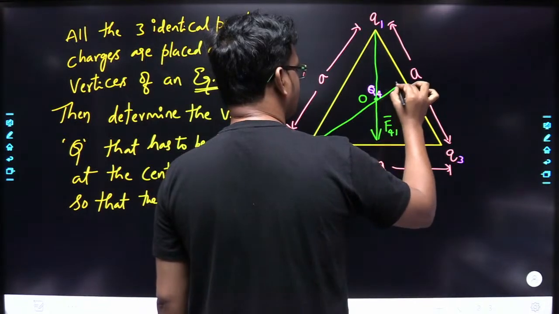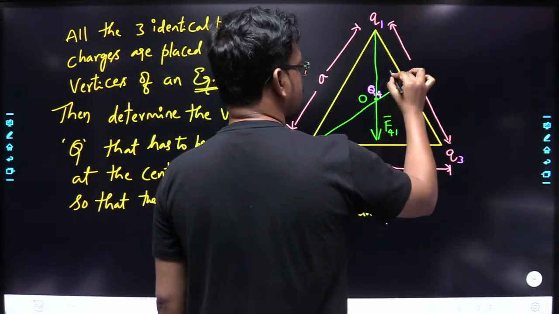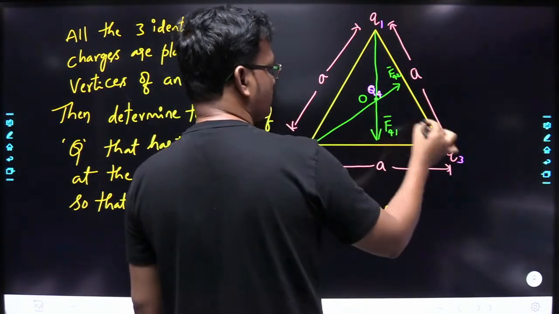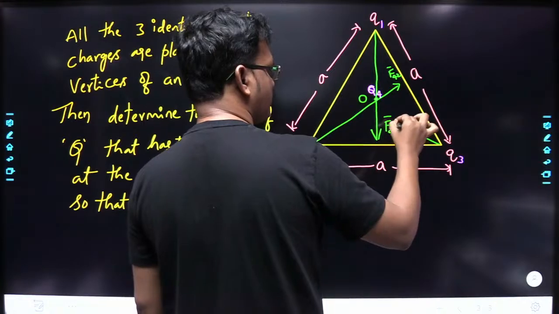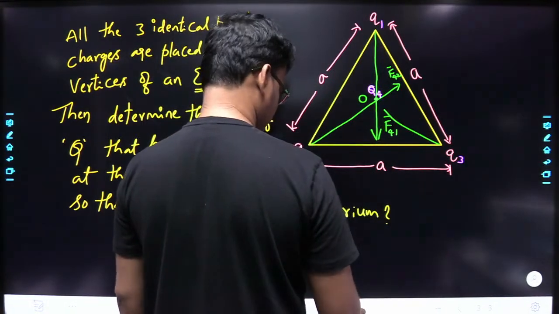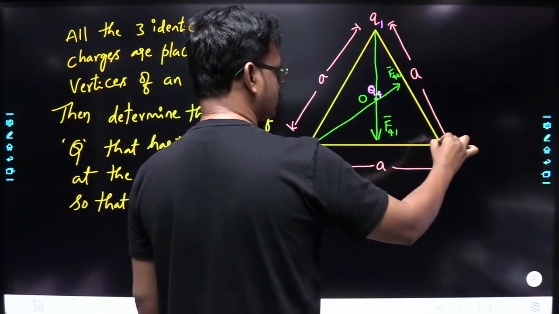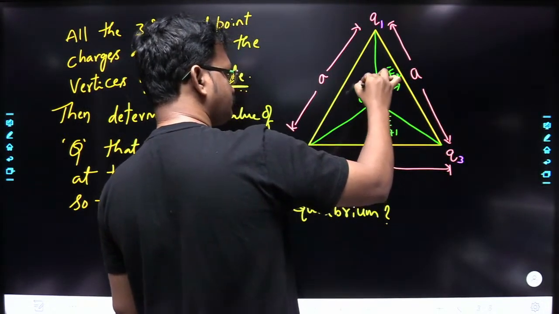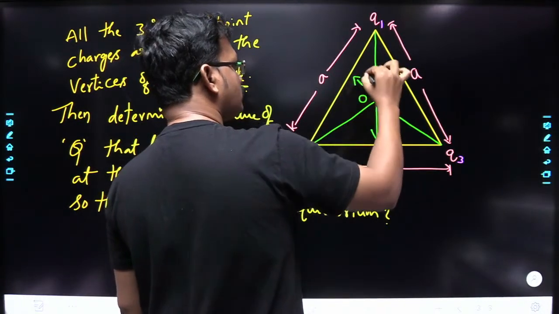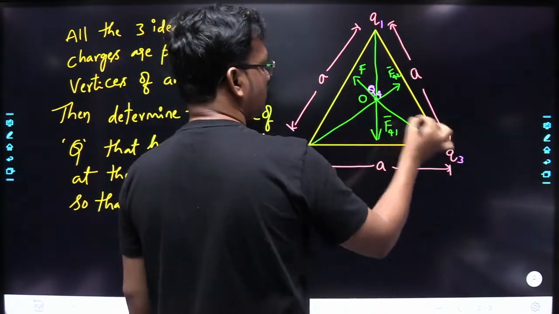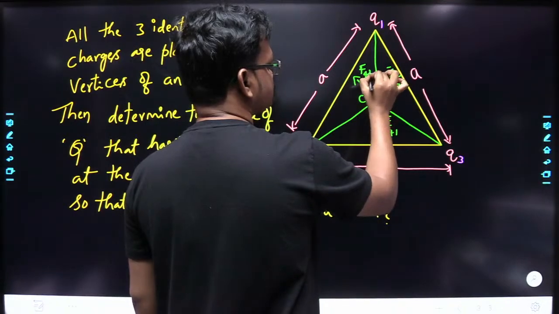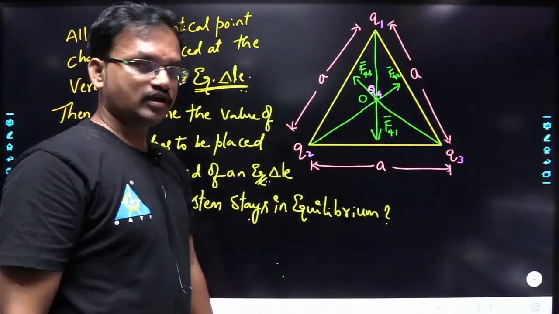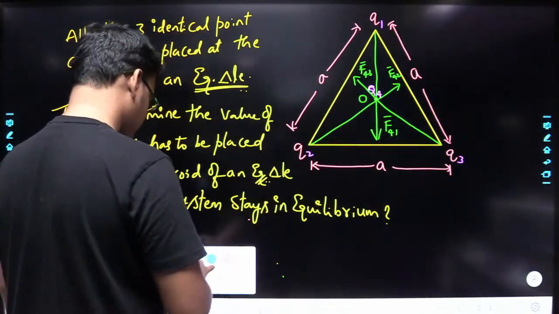Similarly, the force on 4 due to 3 is going to point in this direction. So now what is the net force acting on Q4 here? Tell me here.